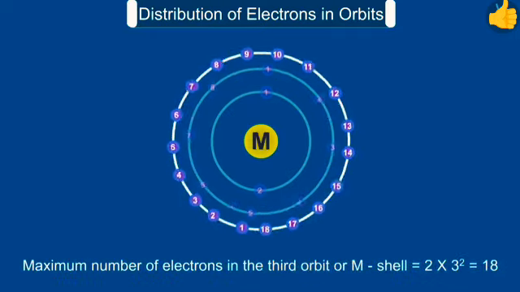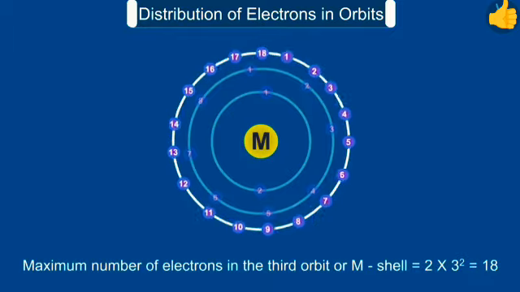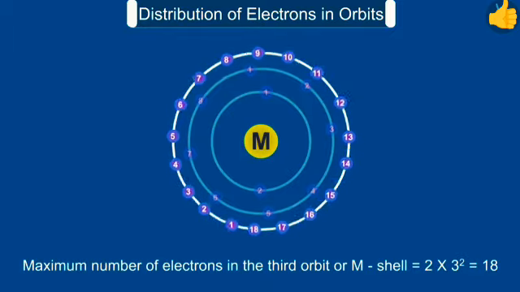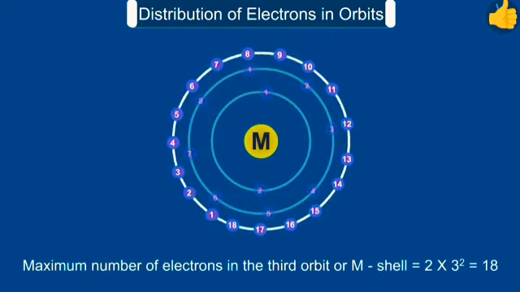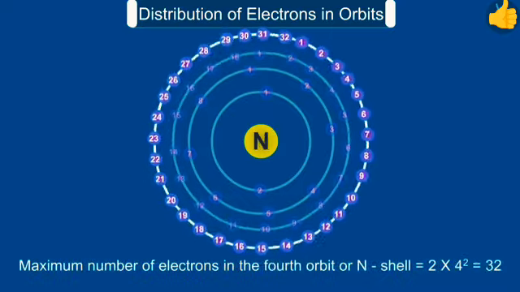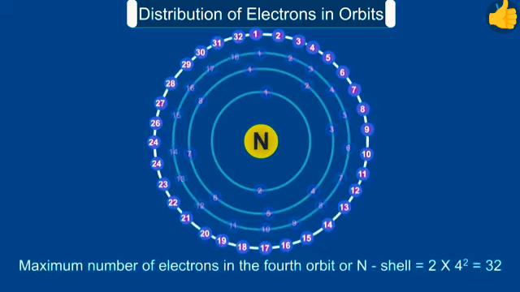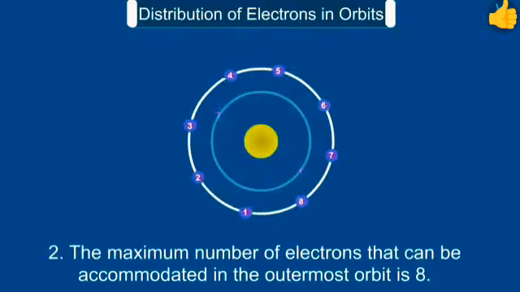The third orbit or M shell is equal to 2 into 3 square, that is 18. The fourth orbit or N shell is equal to 2 into 4 square, that is 32. 2.